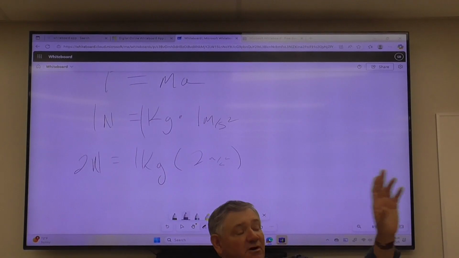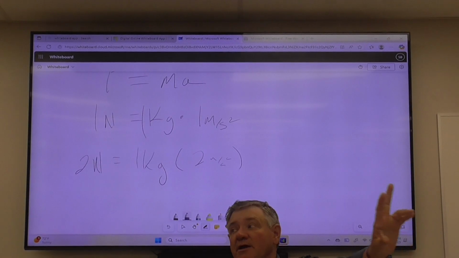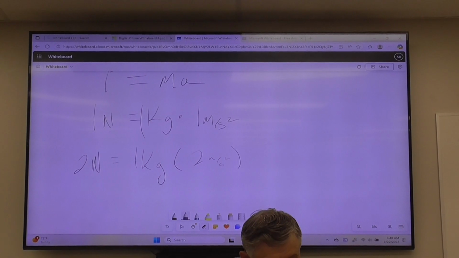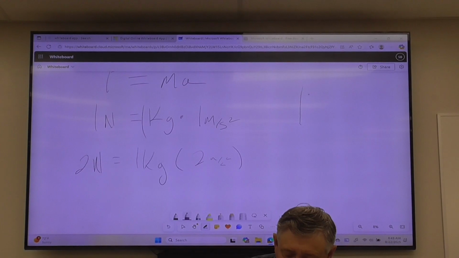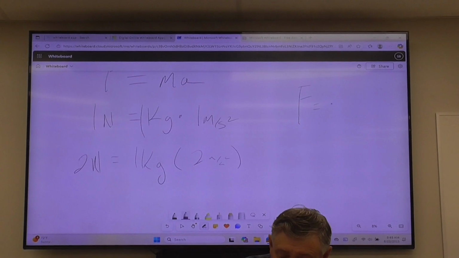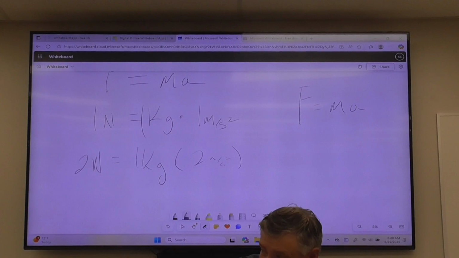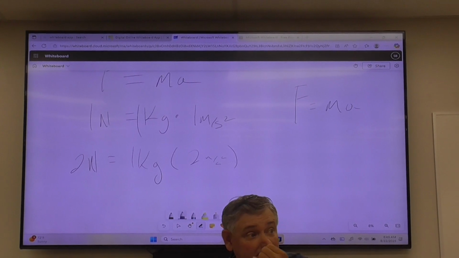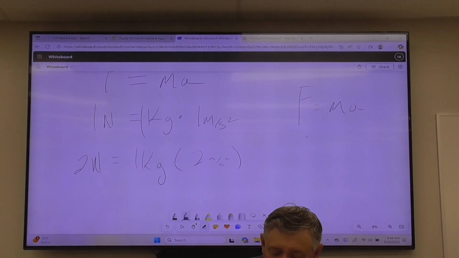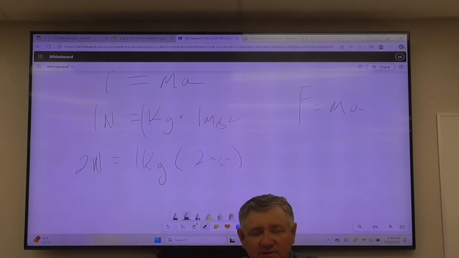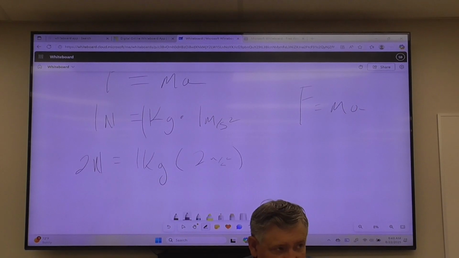Now, that's what we call smash mouth physics. Here's the more elegant mathematical approach. And some people hate this method. I'm just going to show you both methods. You have F equals ma. What are you going to do to the acceleration? Double. So instead of a, I'm going to have 2a.